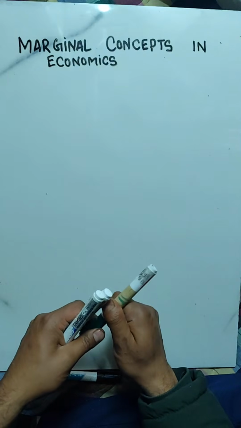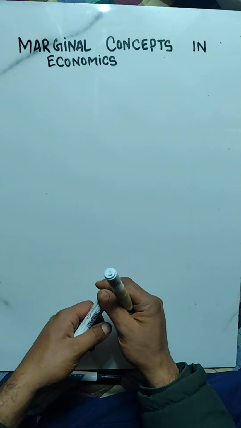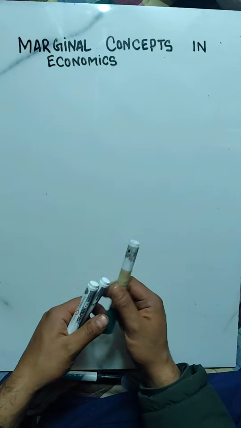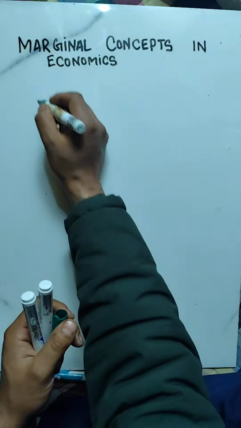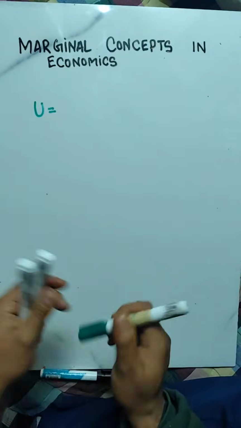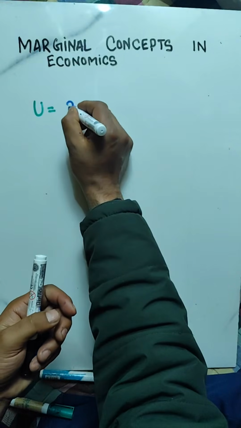One question that is being asked: how to find the optimal consumption bundle given the utility function. The utility function is xy.